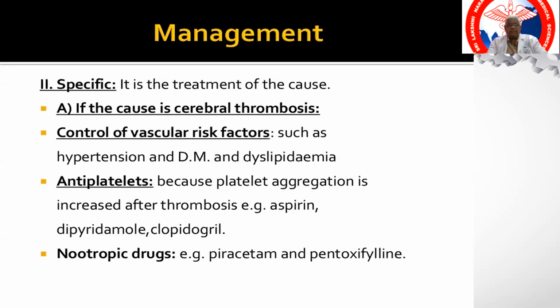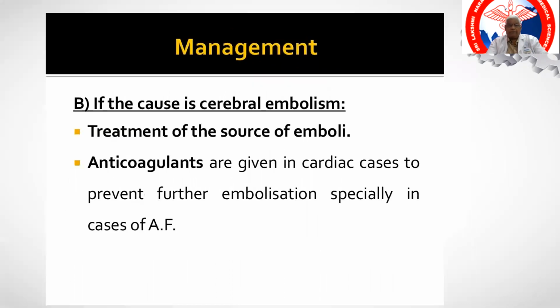Antiplatelets because platelet aggregation increases after thrombosis: aspirin, dipyridamole, and clopidogrel. Nootropic agents: piracetam and pentoxifylline. But the use of pentoxifylline nowadays is obsolete and it is rarely used. The main function of pentoxifylline is changing the shape of the RBC to enter the very narrow space and reach the affected area.